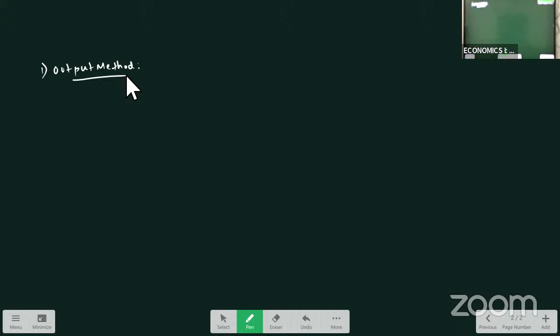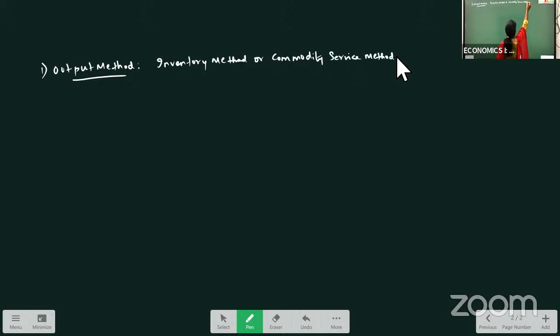It is also known as inventory method or commodity service method. So under this method, how do we calculate the national income?